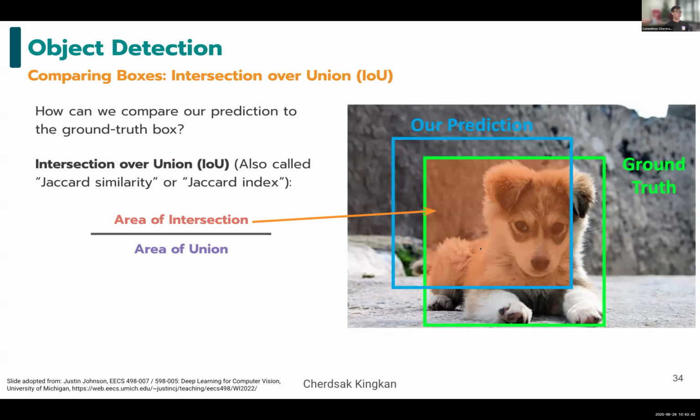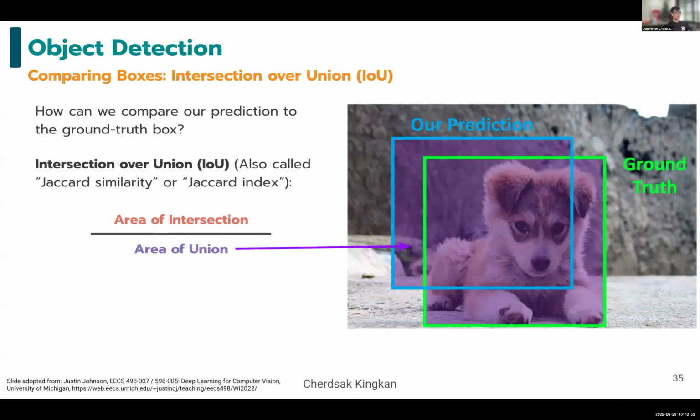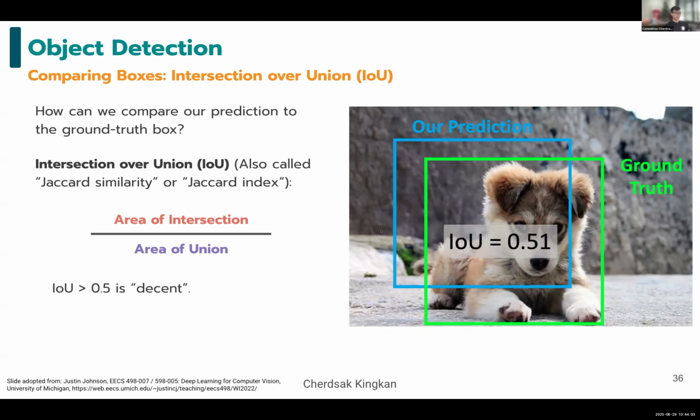To calculate the IOU, we first find the area of intersection, that is this orange area, all right? And then we divide that by the union area of our ground truth and our predictions, that is the purple area over here. So that's how we get the IOU, right?